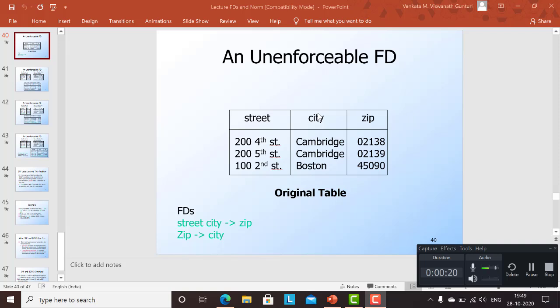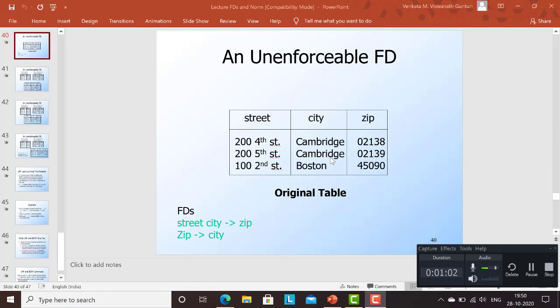Given that you have put the city column in this very table and you are not letting it decompose, you are repeating the city information across all the street addresses belonging to one particular zip code. This is the FD which is creating that. So you have to keep repeating the city name, whether it is Ropar or Cambridge, for all the addresses which belong to one particular zip code.